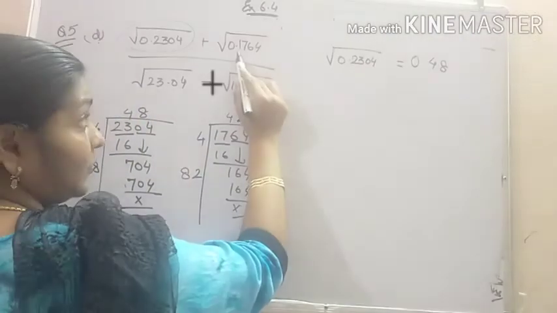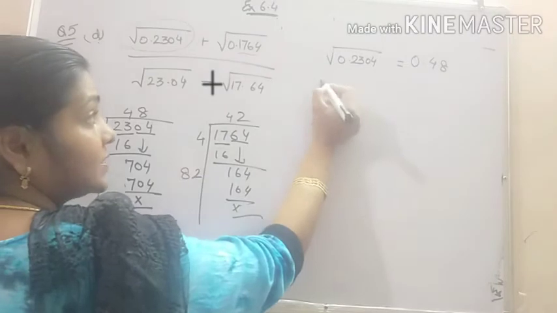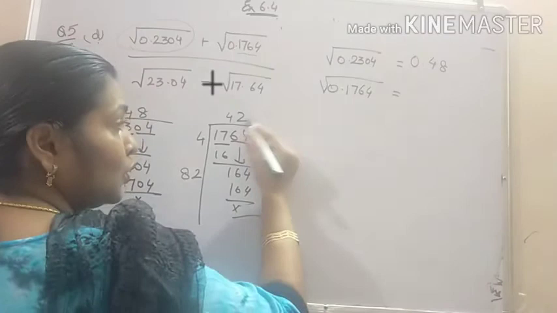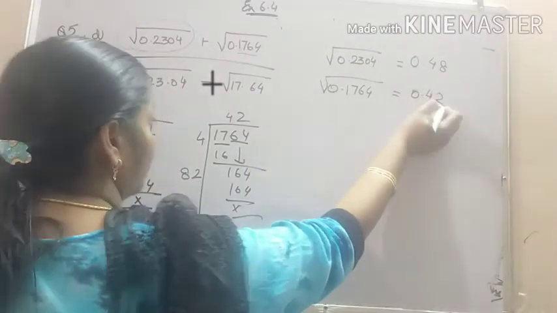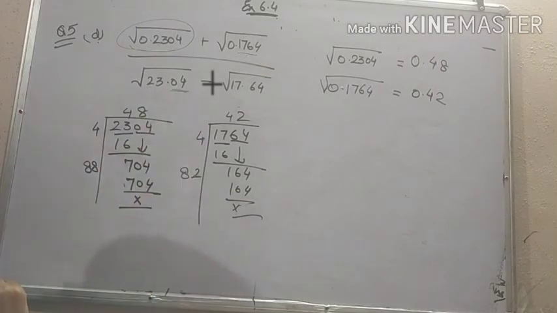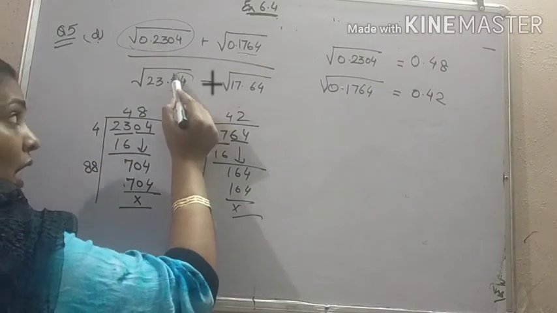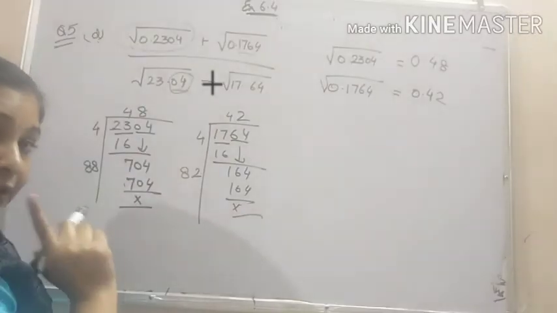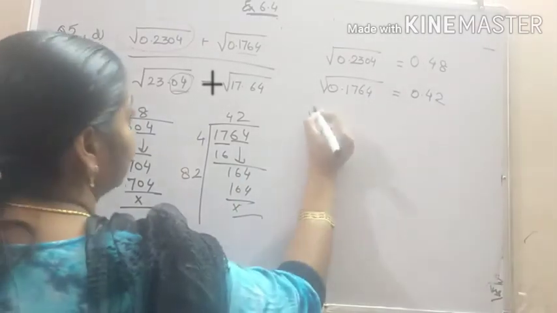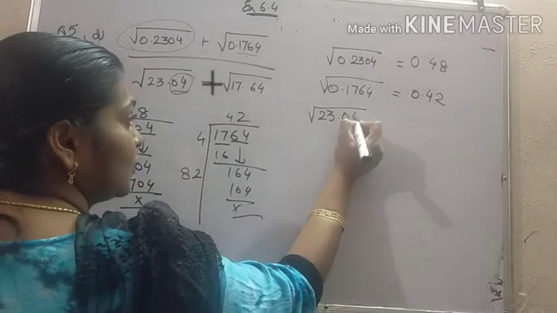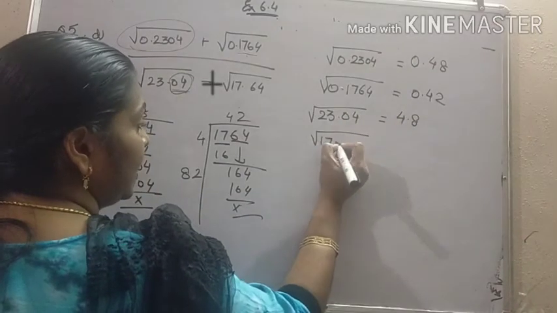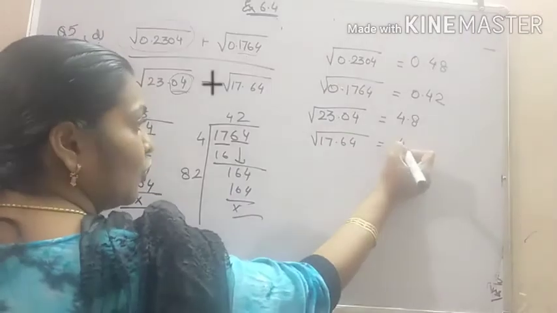Similarly, in this, the number of digits after the decimal in the square root of this number will be 2, so it will be 0.42. But in the case of the denominator, there are only 2 places after the decimal, so half of 2 will be 1. That means there will be only 1 place after the decimal. That means 23.04 is equal to 4.8 and 17.64 is equal to 4.2.